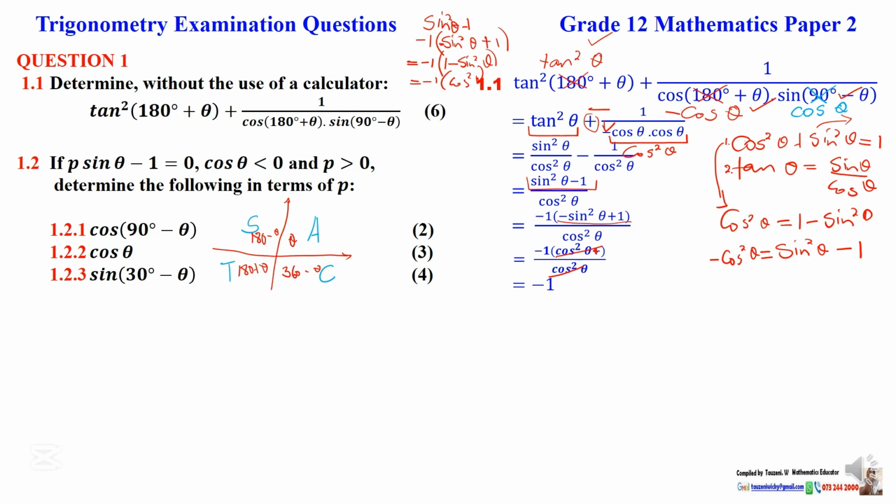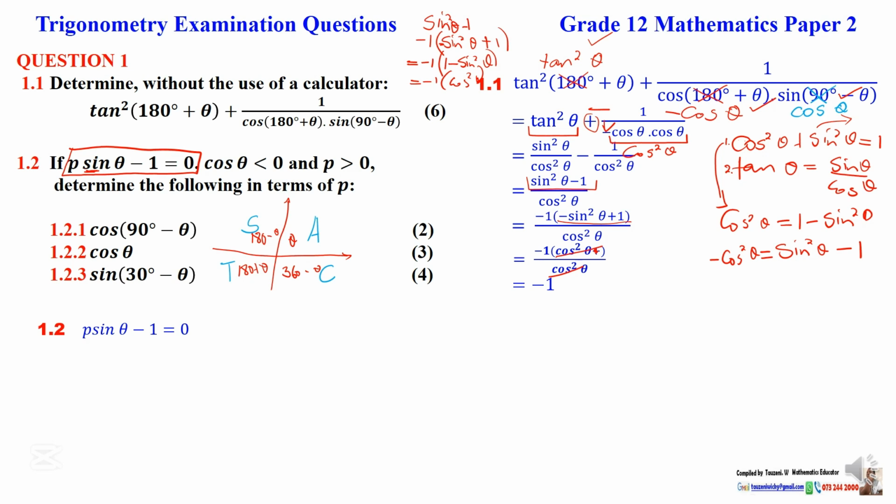Number 1.2. Now, question number 1.2. To answer this, take your expression here. These type of questions are also very common, always there in our exams. We make the trigonometric expression given the subject. So we are told that p sine theta minus 1 is equal to 0.